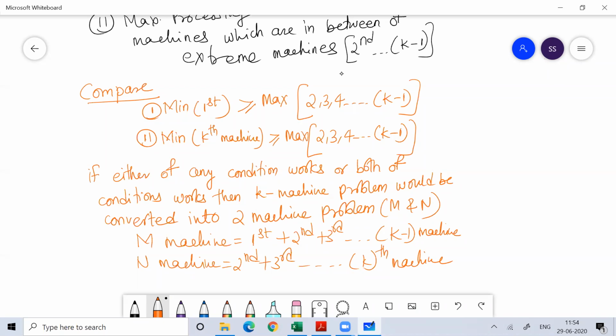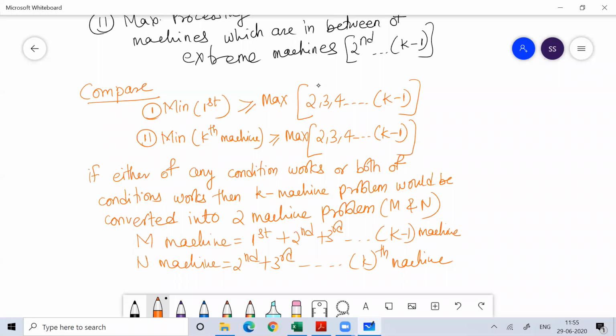Either of the conditions should work: the minimum processing time of the first machine should be greater than or equal to the maximum processing time of all the machines in between, or the minimum processing time of the last machine should be greater than or equal to the maximum of the second machine to the second last machine. If either of the conditions works, then only you will convert the given problem into a two machine problem. Otherwise, you will not convert it.